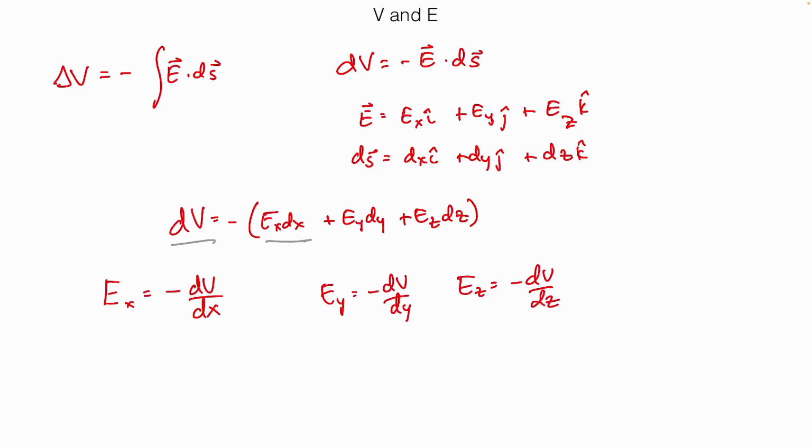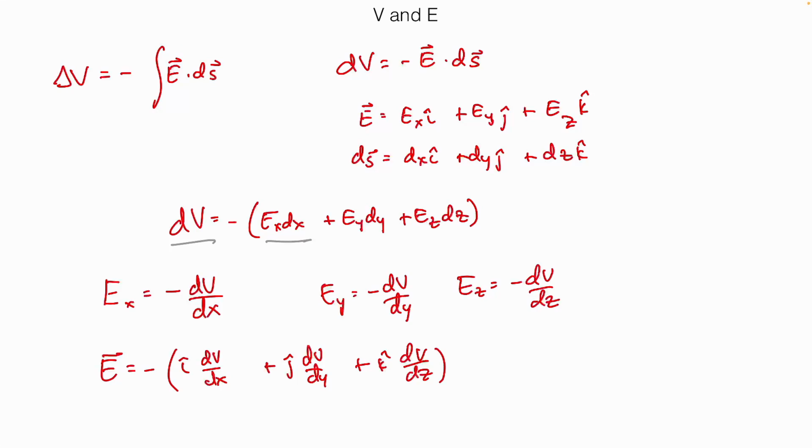So we can formalize this just a bit. The vector electric field, in Cartesian coordinates, would be negative, and negative is always along annoyingly for the ride, i hat dV/dx plus j hat dV/dy plus k hat dV/dz.